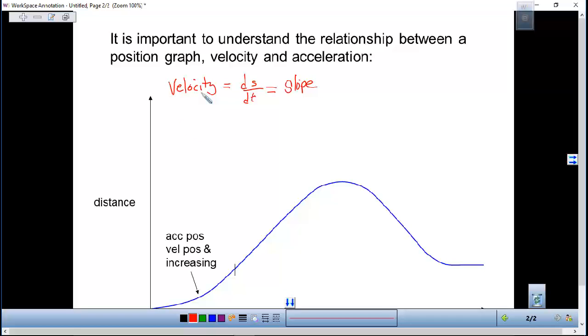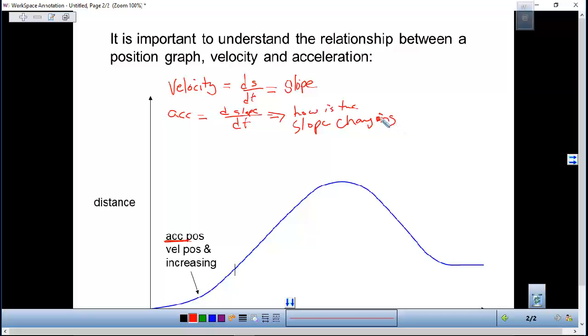So when we're talking about the velocity, we're looking at the slope of this and how the slope's behaving. Now, if we're talking about how the slope is changing, that's when we're talking about the acceleration. Acceleration is the derivative of the slope. So we're looking for how the slope is changing.